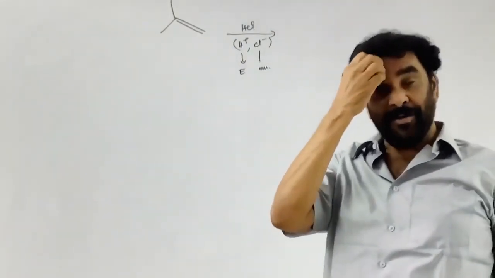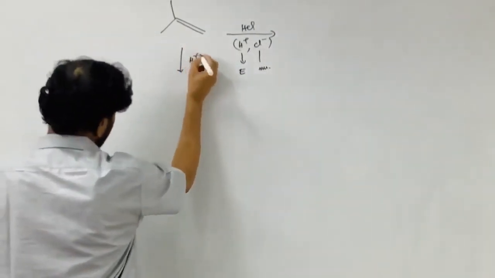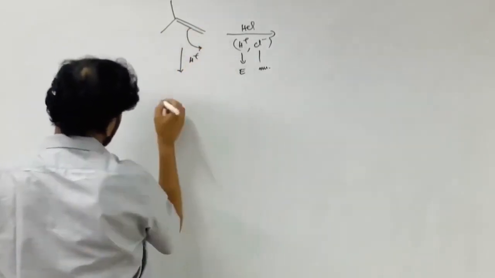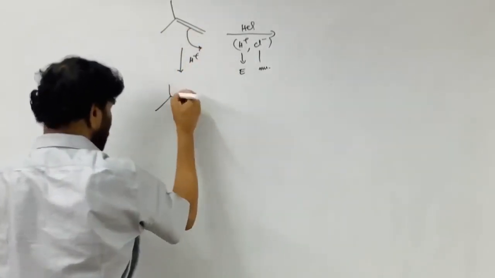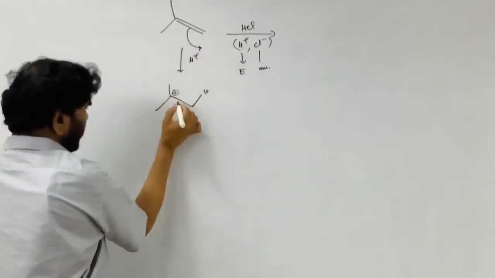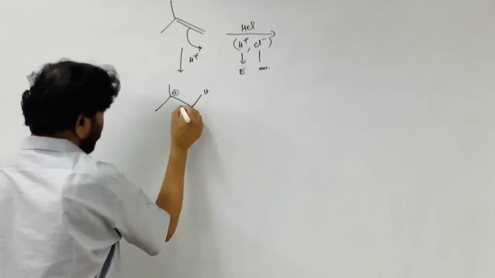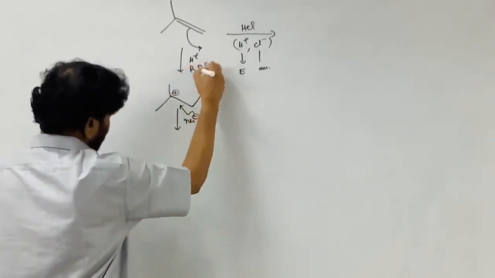So first the electrophile has to go, the H plus ion has to take the pi electrons and form the sigma bond with one of the carbon atoms, generating the carbocation as the intermediate. Then the nucleophile approaches, and this is the RDS of the reaction.